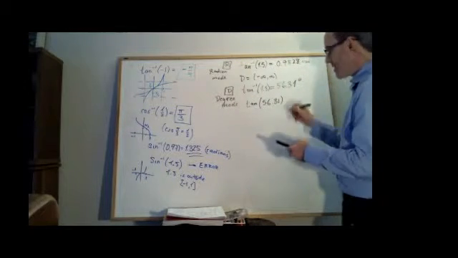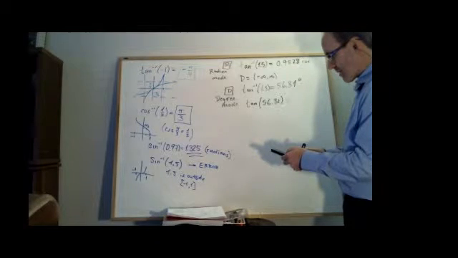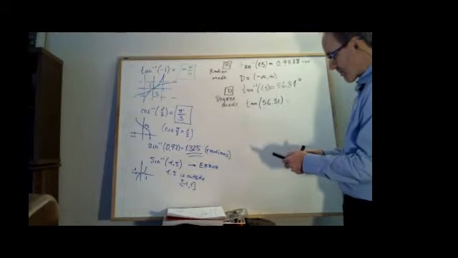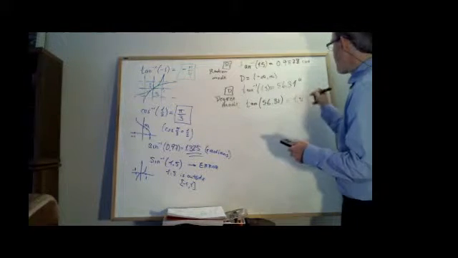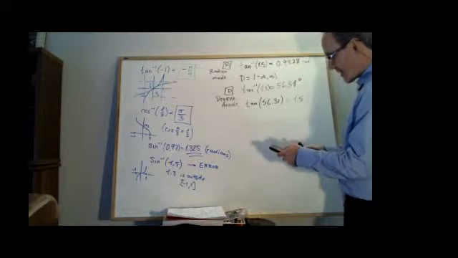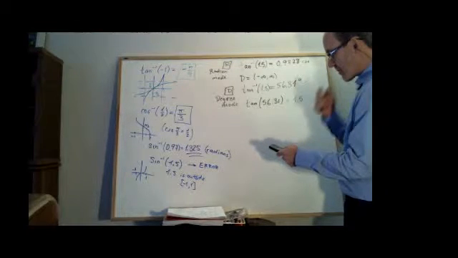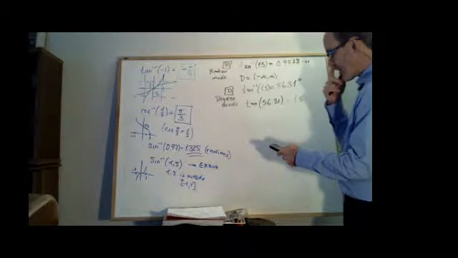Okay, so if you take the tan of that, then you get back 1.5. But if you take the tan of that, then you'll get something else, not the right answer. 0.98 will give you 0.017.